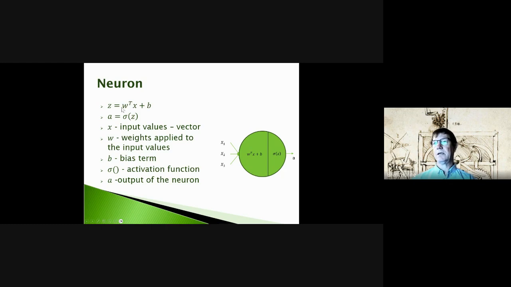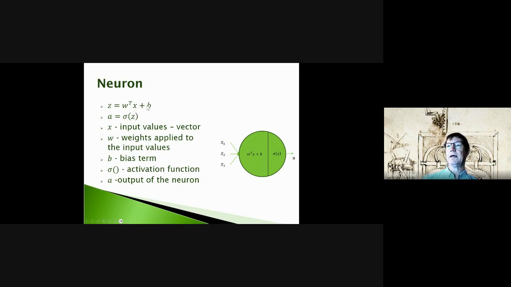So we'll take the transpose of this, so as we multiply the weight vector by the inputs, each individual weight is going to be multiplied by its corresponding X value and then summed up, right?